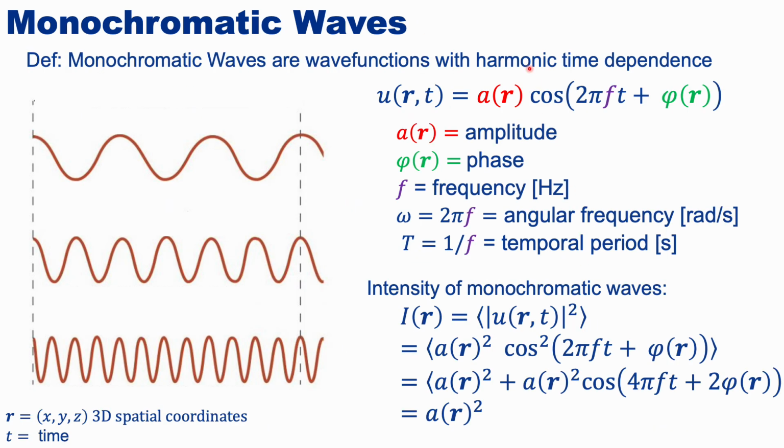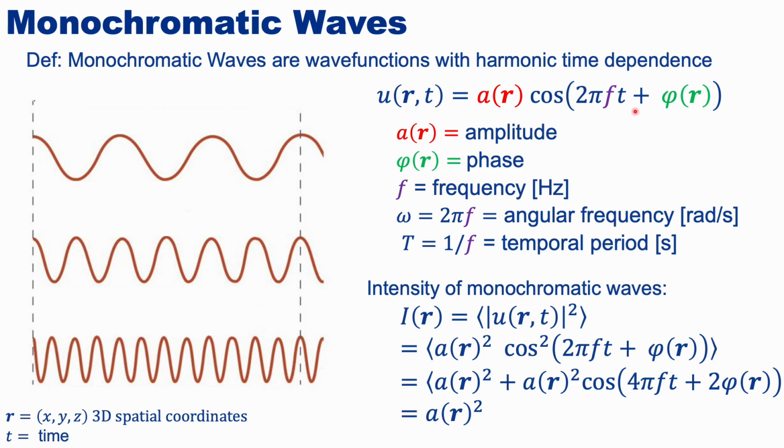Alright, let's talk a little more about the monochromatic wave. We talk about monochromatic waves as those wave functions that are harmonic with respect to time. That means they follow a periodic behavior with respect to time, and typically we express that periodic behavior as a cosinusoidal or sinusoidal function. When we talk about a monochromatic wave, we need to define our amplitude.